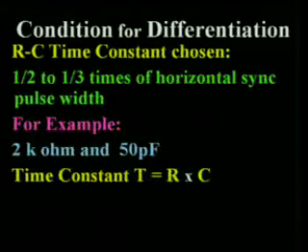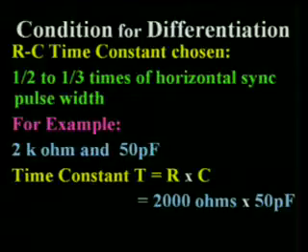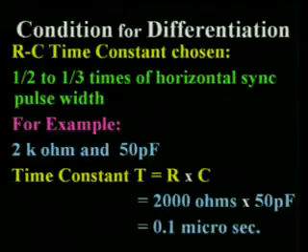The time constant should be 1 by 2 to 1 by 3 of the horizontal sync pulse width. The time constant comes out to be 0.1 microsecond. It means it is lying within 1 by 2 to 1 by 3 of the pulse width, and it will differentiate the horizontal sync.